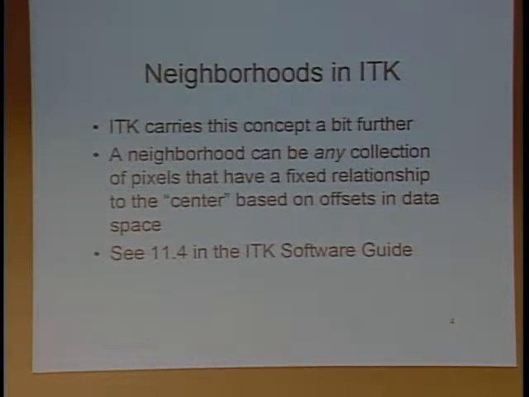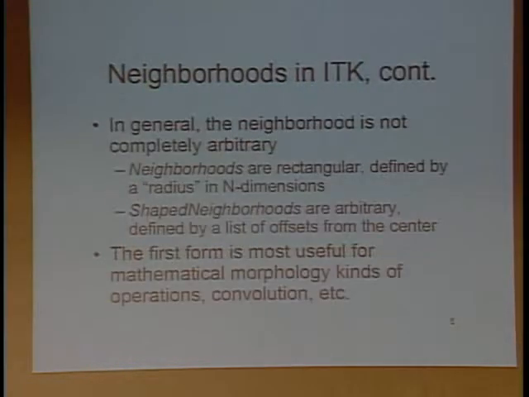And section 11.4 of the ITK software guide introduced the neighborhood iterators. It briefly introduced some basic concepts about neighborhood, and then its 2 subsections describe neighborhood iterator and shaped neighborhood iterator. For most of the image processing applications, neighborhood does not need to be as complex as arbitrary shaped.